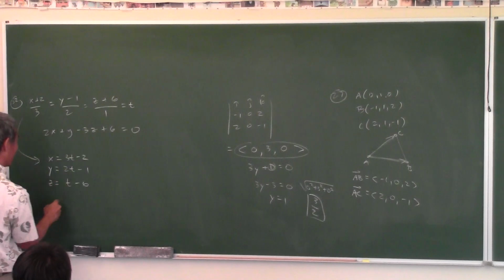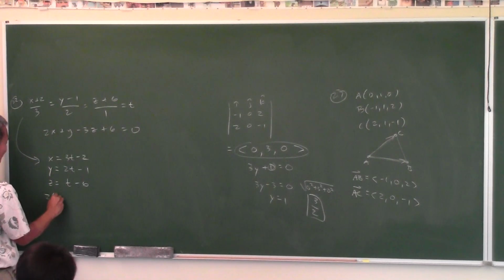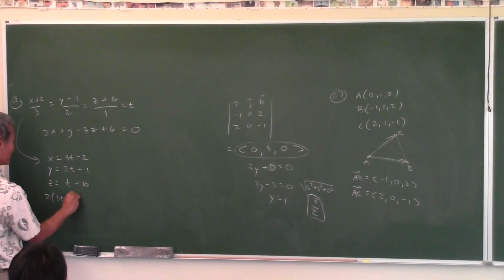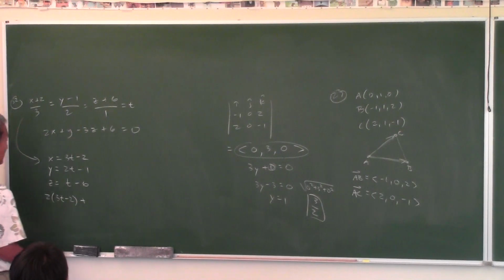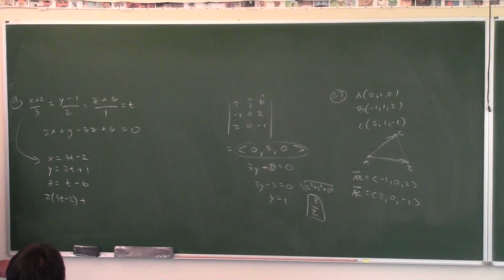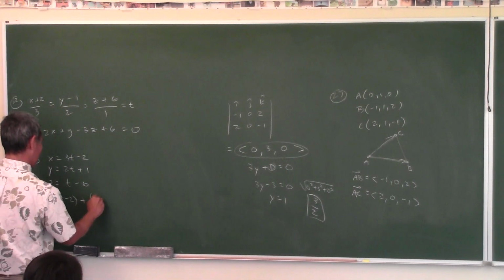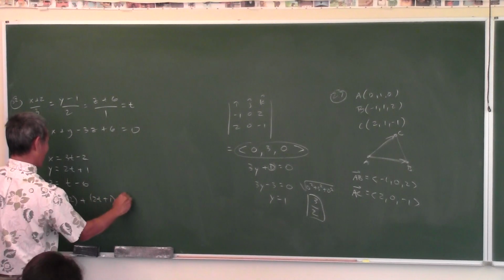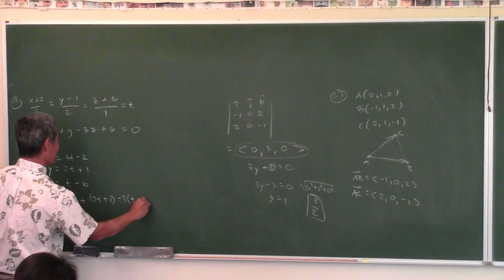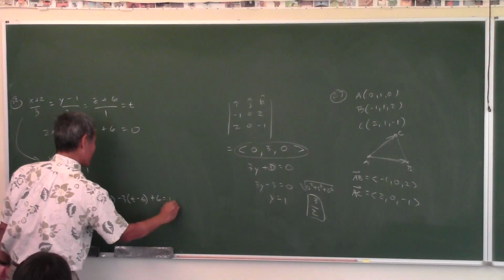Take these, plug it in here. So 2 times x, 3t minus 2, plus y, which is 2t plus 1, minus 3z, which is t minus 6, plus 6 equals 0.